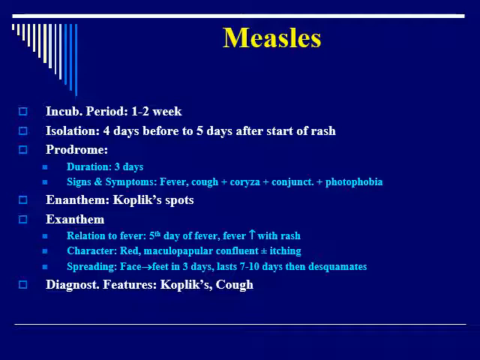Neurological complications include meningitis, meningoencephalitis, subacute sclerosing panencephalitis, and it may lead to malnutrition and cachexia. Eye complications include corneal ulcer and corneal opacities and even blindness.